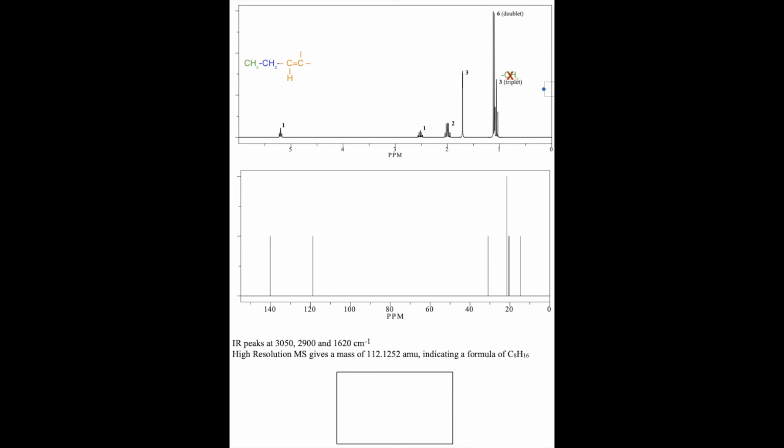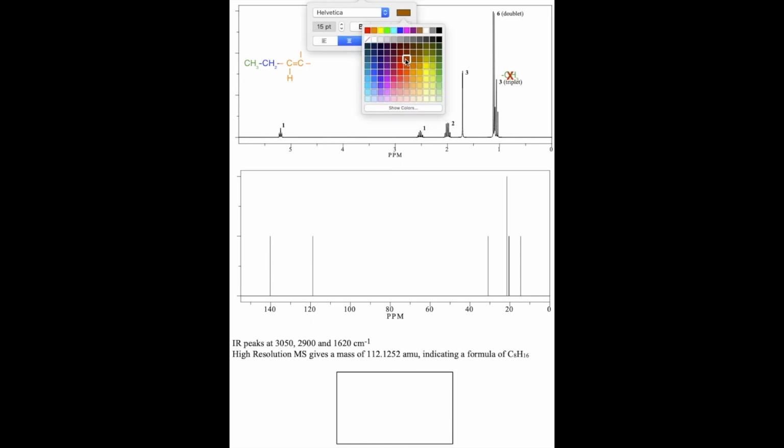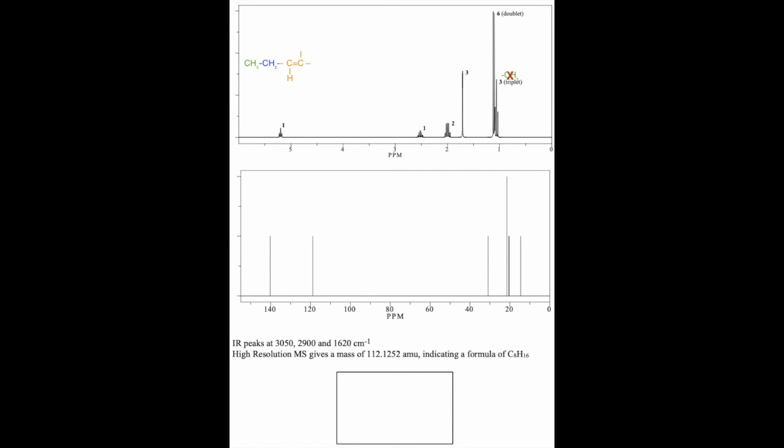So if it's a singlet, that can be kind of hard to figure out where it goes. We don't know where to put it. That's the problem. So I'm just going to let it hang there. We don't know what to connect it to, so that's kind of a dead end right now.